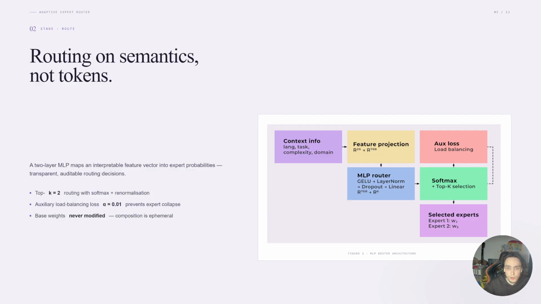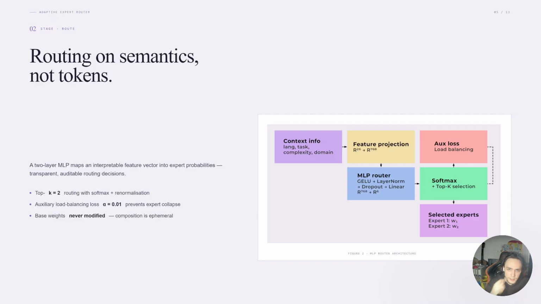This vector is projected into embedding space and passed through a two-layer MLP. The result is a probability distribution over the experts. We pick the top two and renormalize.